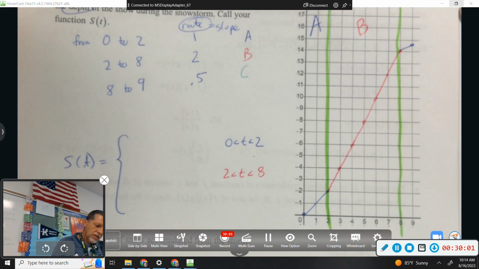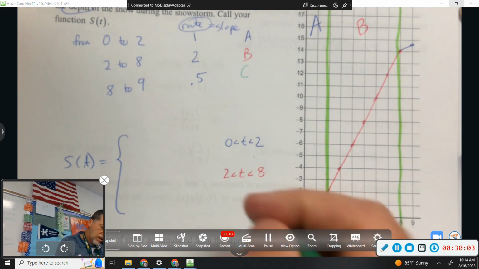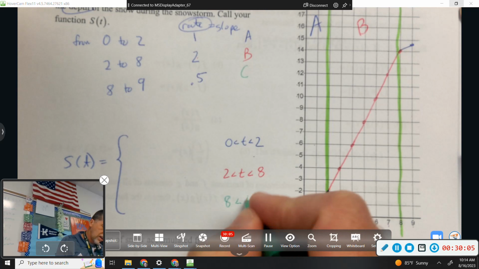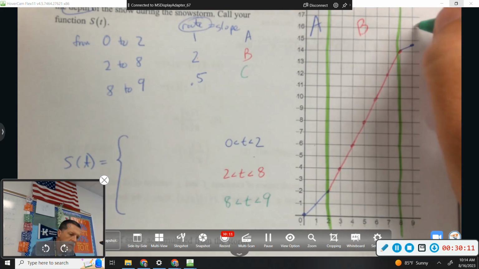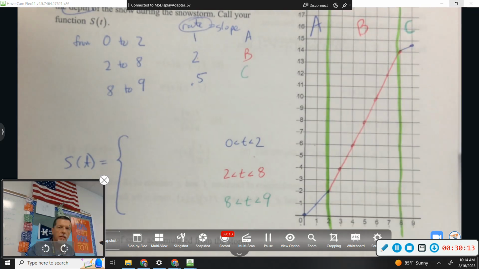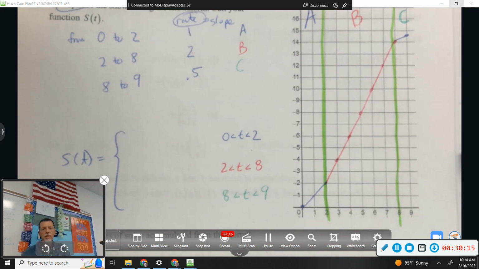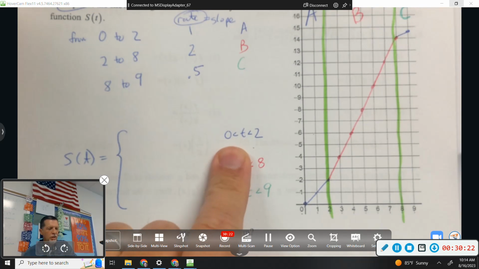And from 8 to 9, got my last equation. Okay, I need to think about equal signs here. So at 0, do I want to include 0 or not include 0? I think I want to include 0.